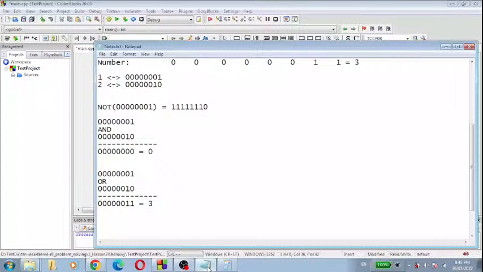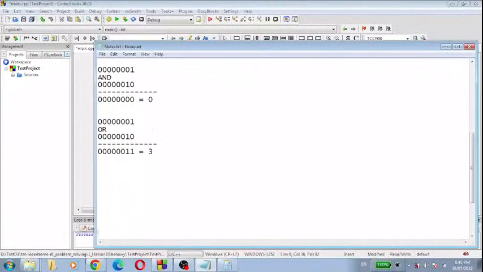I have the number 3, which is this. Actually, I know that this is 3 now, XORed with 2. I know that this is 2. Let's try this.